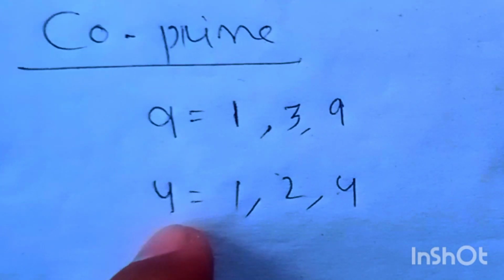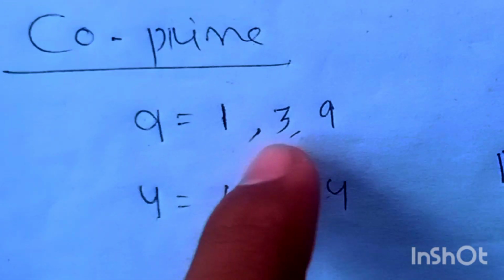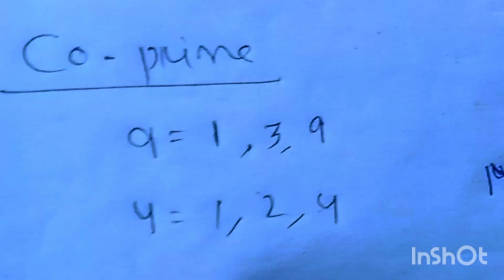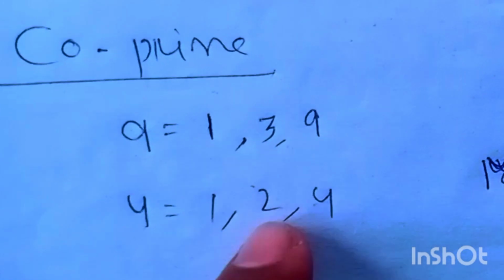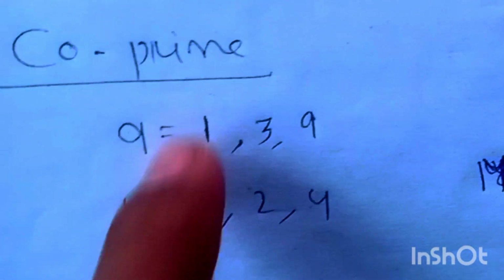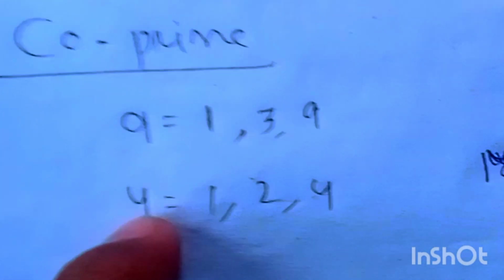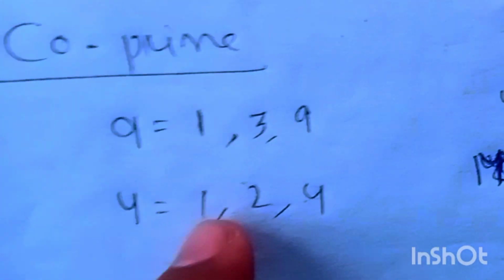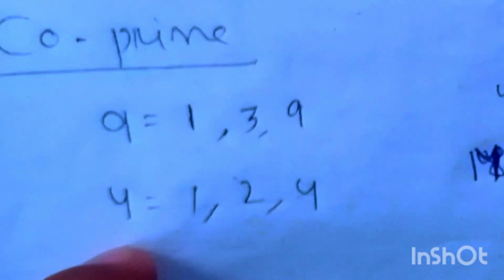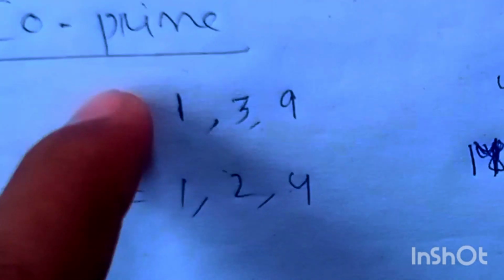Now the factors of 9 are 1, 3 and 9, and factors of 4 are 1, 2 and 4. Here except 1, there is no common factor between 9 and 4. Hence we can tell that 9 and 4 are co-prime.